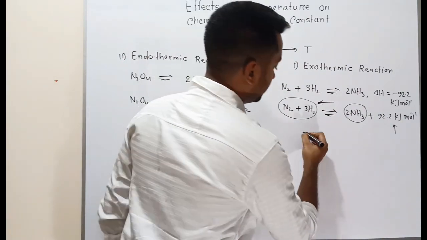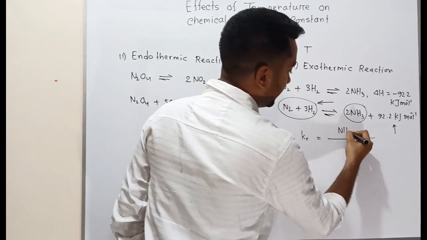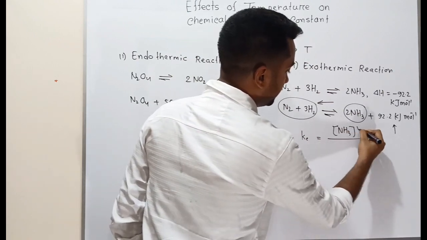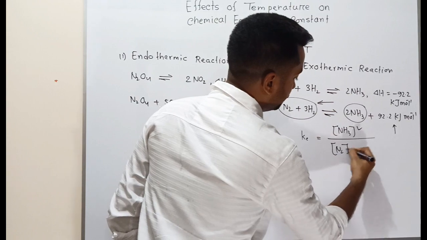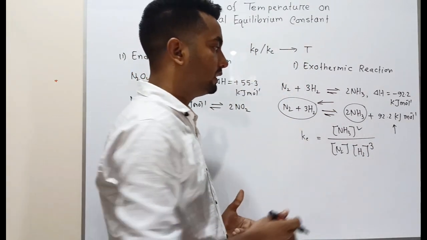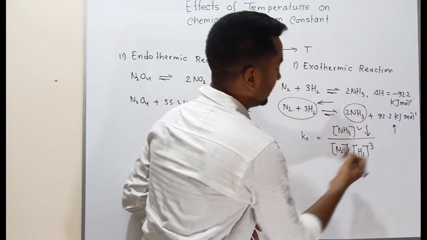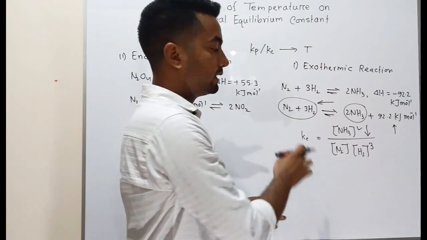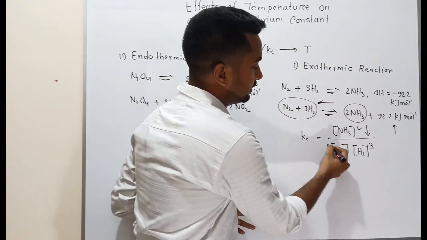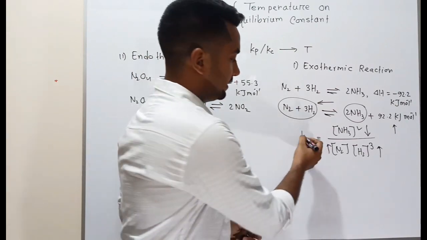If we write the equation of Kc here, we get NH3 concentration squared over N2 and H2 to the power 3. The concentration of NH3 decreased and the concentration of the reactants N2 and H2 increased. As a result, the value of Kc decreases.